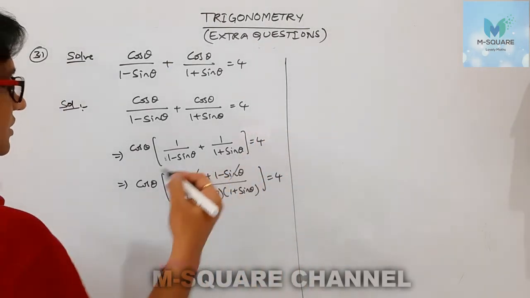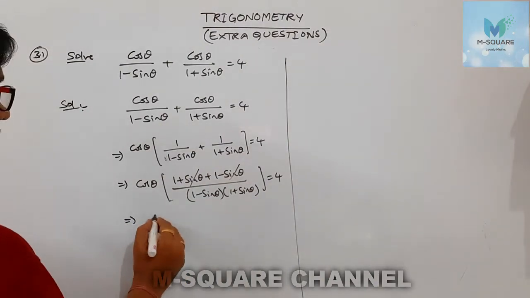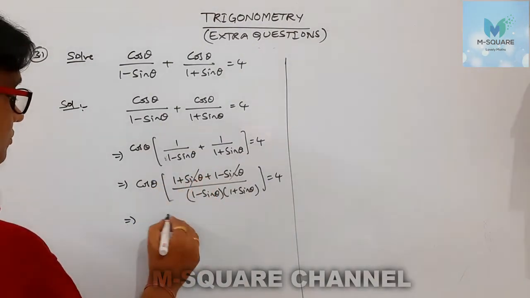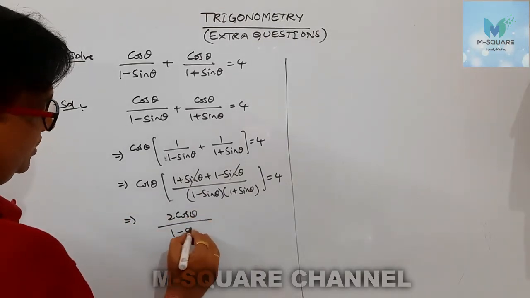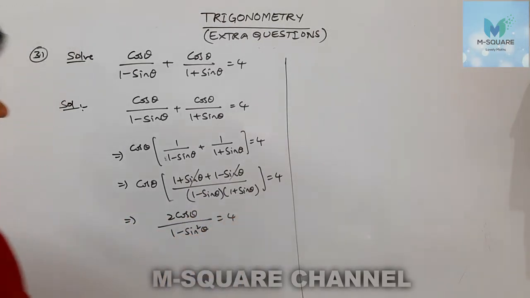So sin theta cancels. Here 1 plus 1 is 2 cos theta by 1 minus sin square theta equal to 4.